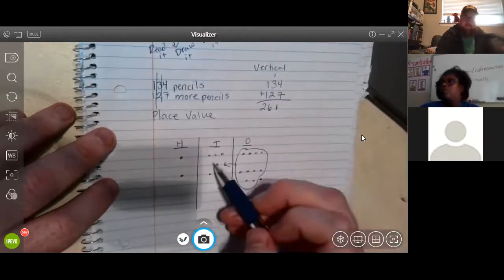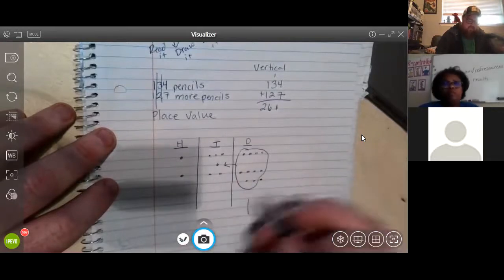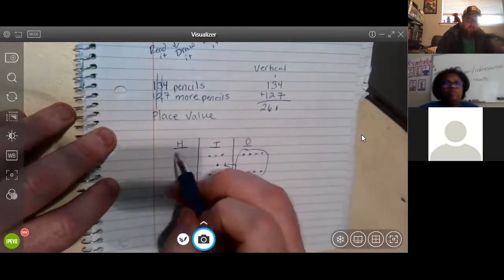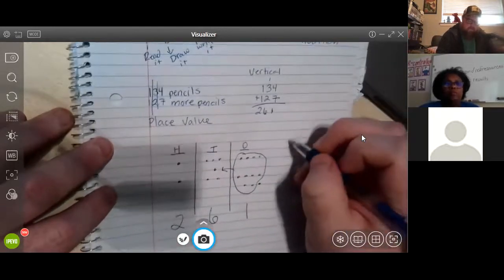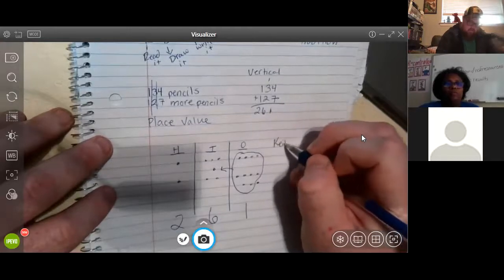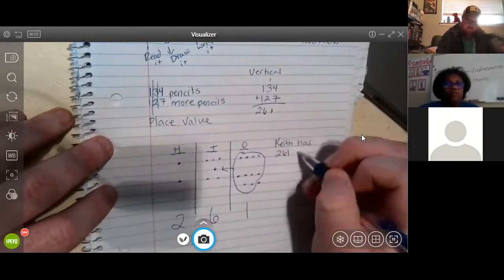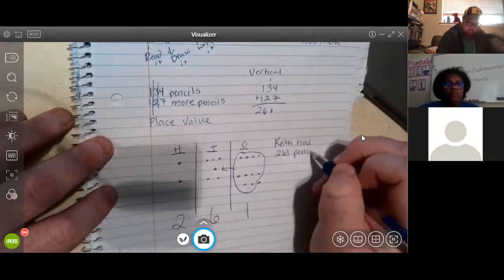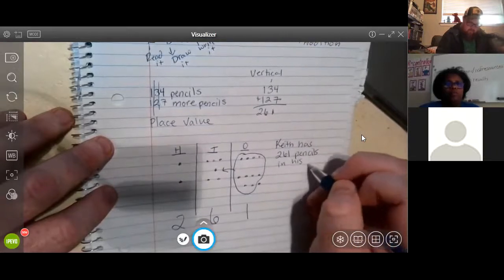Then in the tens place, you just count your tens. 1, 2, 3, 4, 5, 6. And then in the hundreds, you have 2. So my answer was 261. Keith has 261 pencils in his drawer.